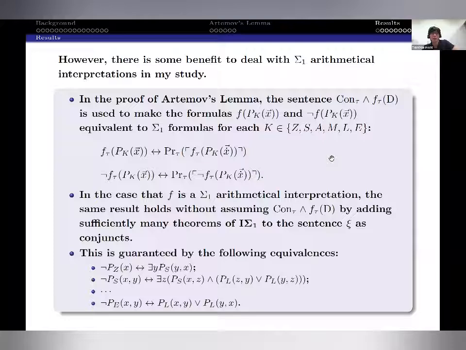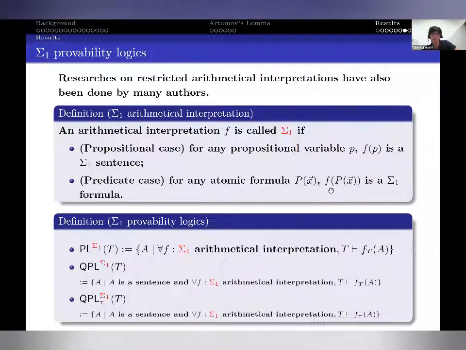And in the case that f is a Σ1 arithmetical interpretation, the same result holds without assuming this sentence, by adding sufficiently many theorems of IΣ1 to the sentence ξ as conjuncts. Okay, I go back to the statement of Artemov's lemma.